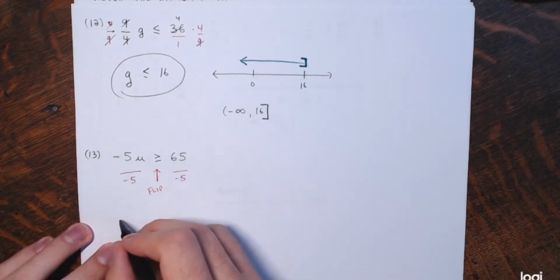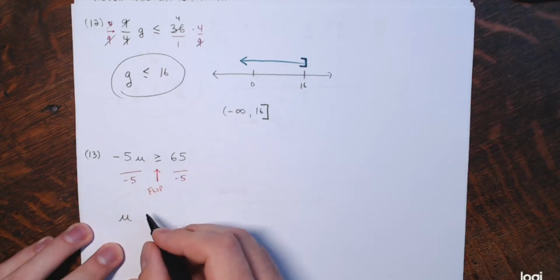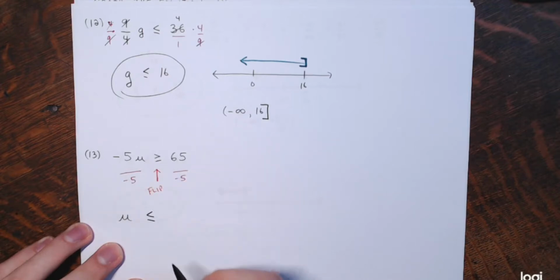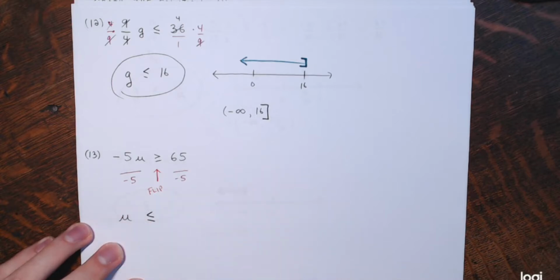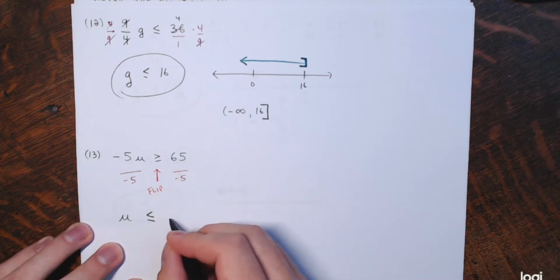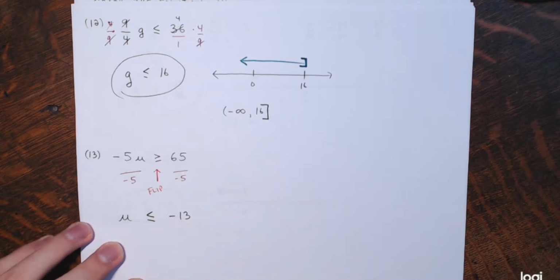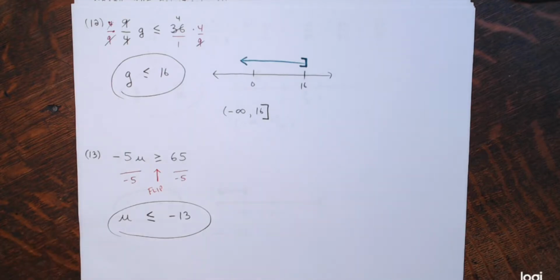So I'll have u on the left, and then instead of is greater than or equal to, is less than or equal to. Don't forget to do that when multiplying or dividing both sides by a negative number. And then 65 divided by -5 would be -13. And there we go. U is less than or equal to -13.